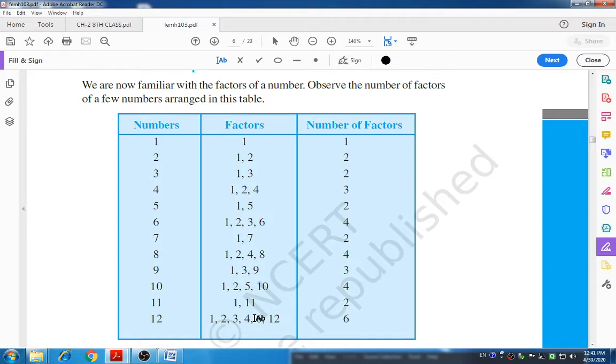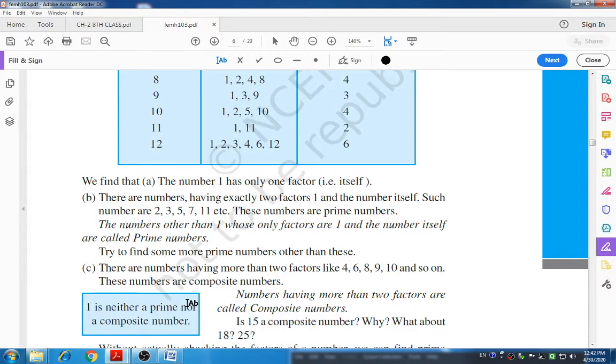But look carefully at 4, 6, 8, 9, 10 and 12 and so on. These numbers have more than two factors. So these numbers are called composite numbers.